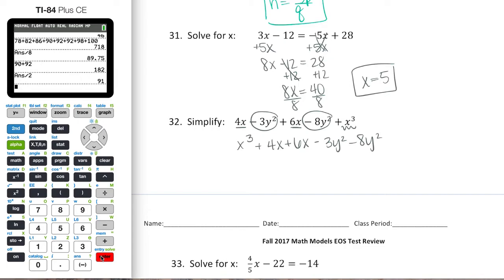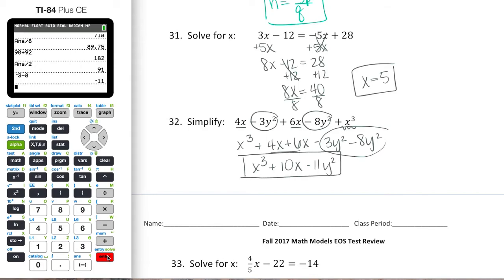So now we just have to combine our like terms. So we had these two and those two. So 4x plus 6x is 10x. Negative 3y squared minus 8y squared. We're going to have negative 3 minus 8 for negative 11y squared. So that here is our final answer.